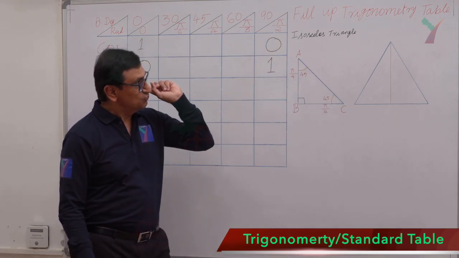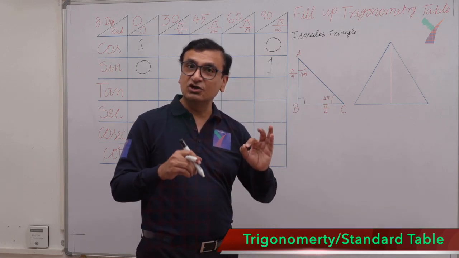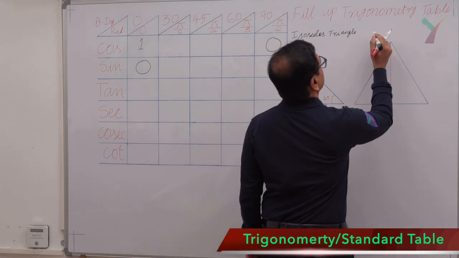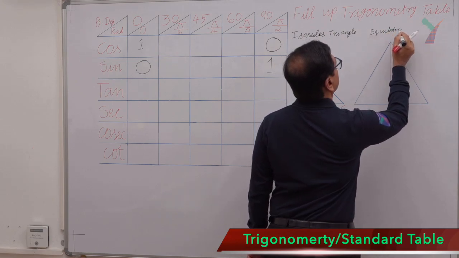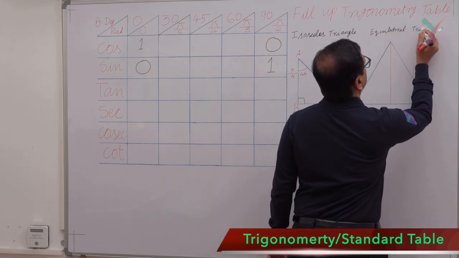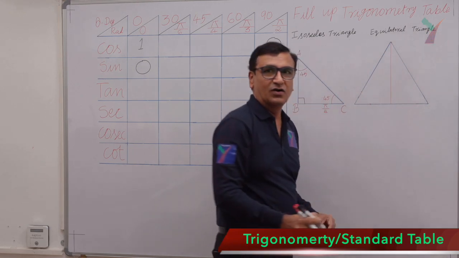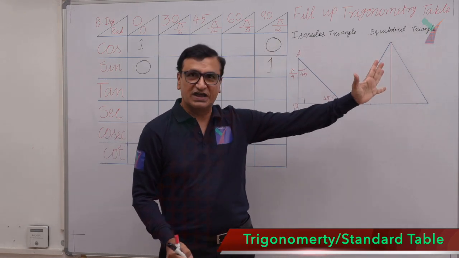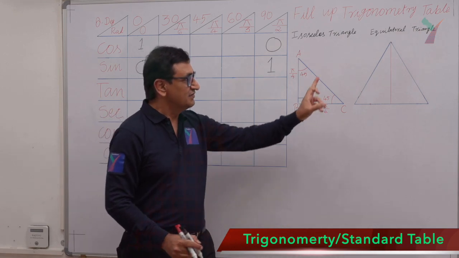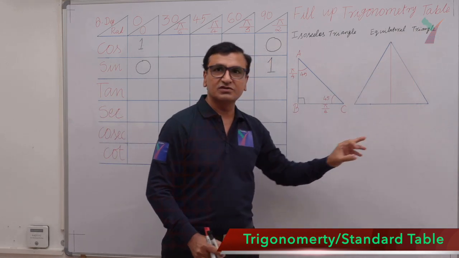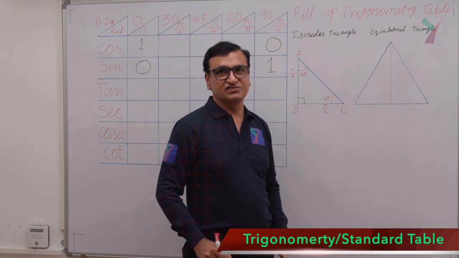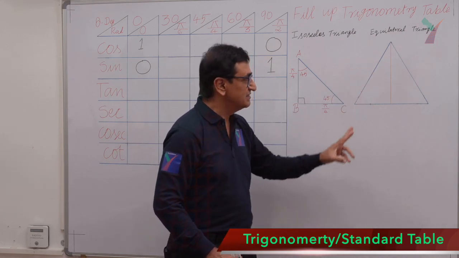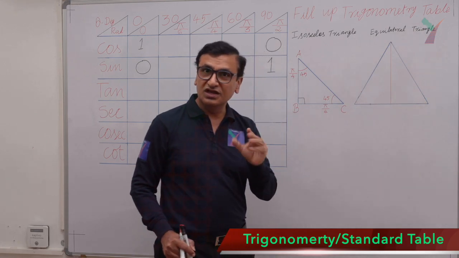Okay, now let's go to this triangle. This is an equilateral triangle. What is an equilateral triangle? Where all the three sides are of the same length. And in an equilateral triangle, not only the sides, the angles are also equal.